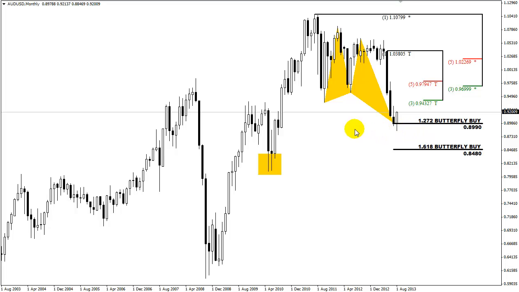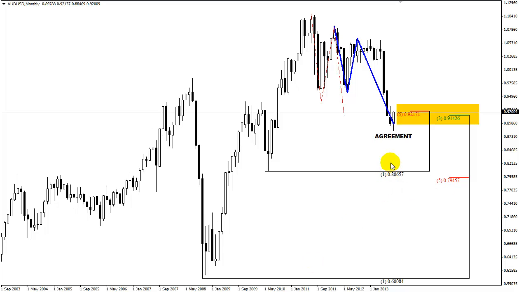And we can see on the next chart that this level at which market reached the 127 extension is a strong area of support.